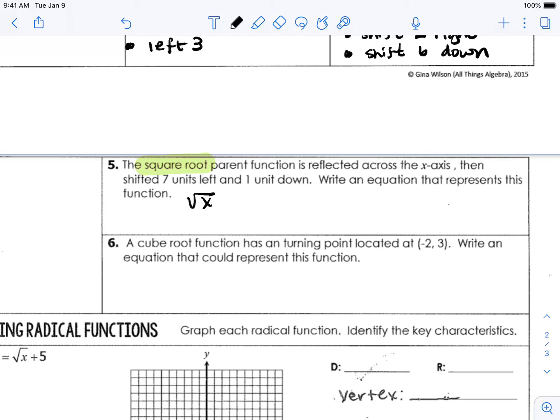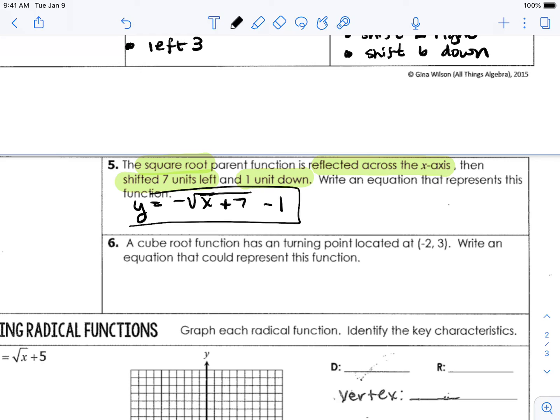If it reflects across the x-axis, I know that it's negative out front. If it's shifted 7 units left, that's going to be underneath the radical, giving me a +7. If it's moving 1 unit down, that's going to be outside of the radical, and that's going to be -1. And then I'm going to put my y equals in front of it so that I have my entire equation.